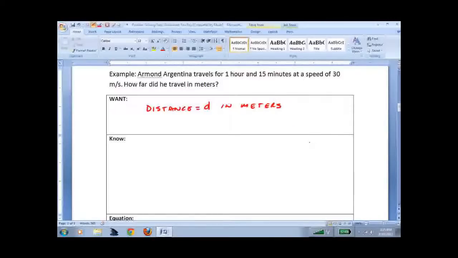Up in the corner of my room, I have these letters. Read the full question. I've learned to start just writing them on exams when I see people clearly didn't read the whole question. What do I know? He traveled for 1 hour and 15 minutes.